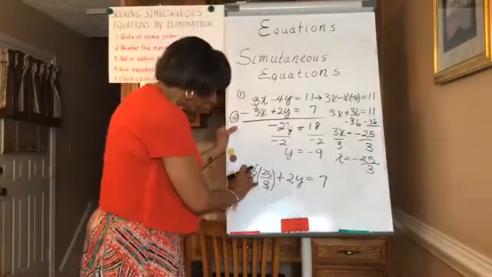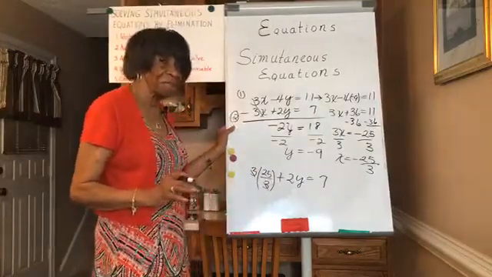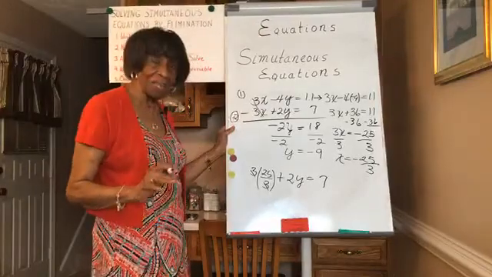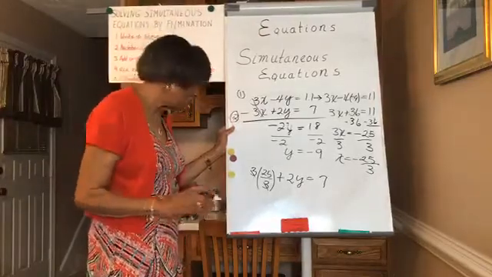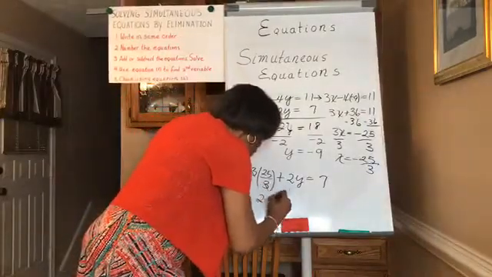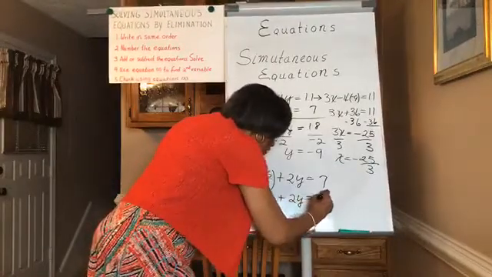I'm not going to multiply 3 times 25. Cancellation is something that keeps you from having big numbers. Because the bigger the numbers get, the more likely we are to make mistakes. So we have 25 plus 2y equals 7.